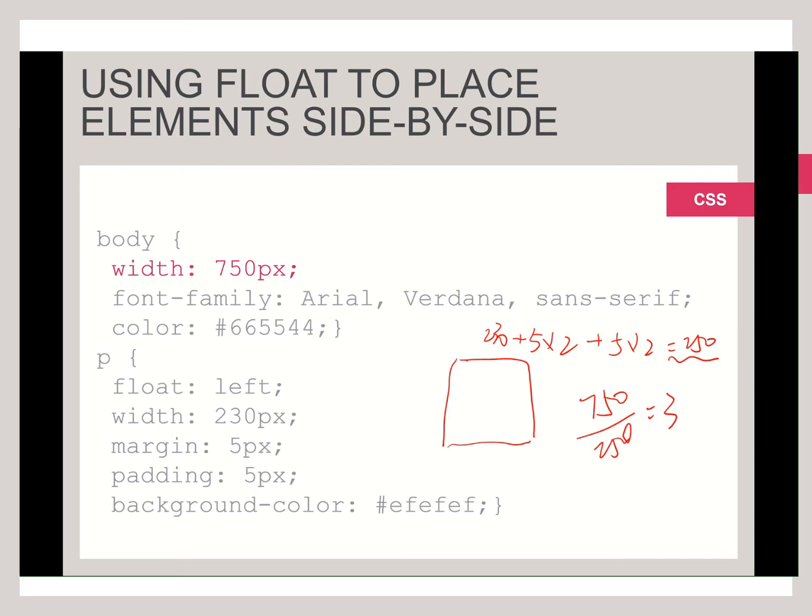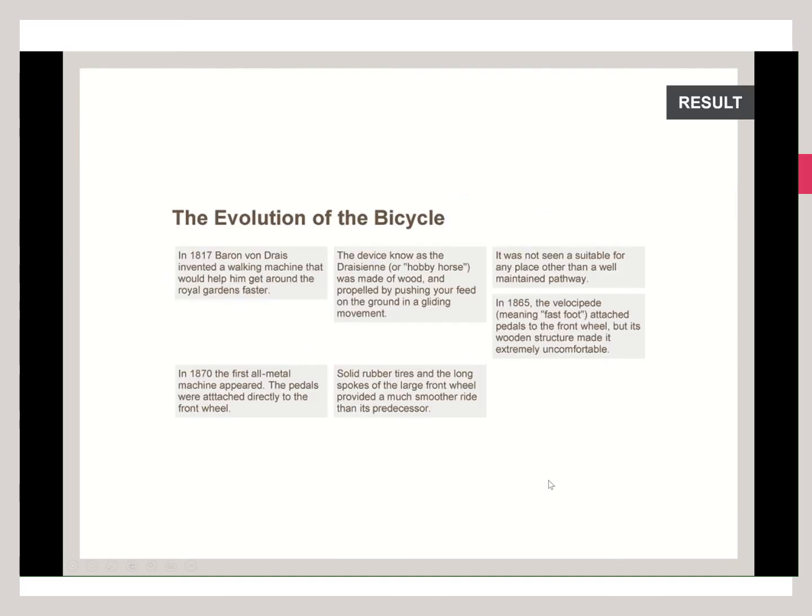That means in the body you can allow 3 boxes to show, exactly 3. So this is the arrangement. You can find here we have 5 paragraphs, and we arrange them side by side.